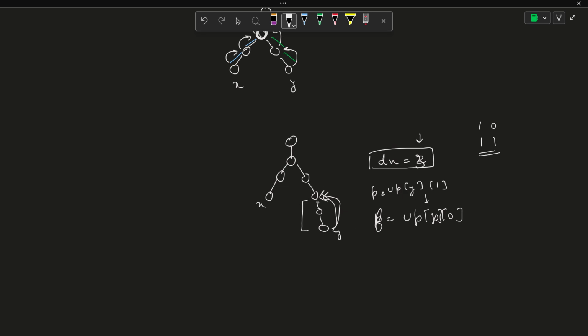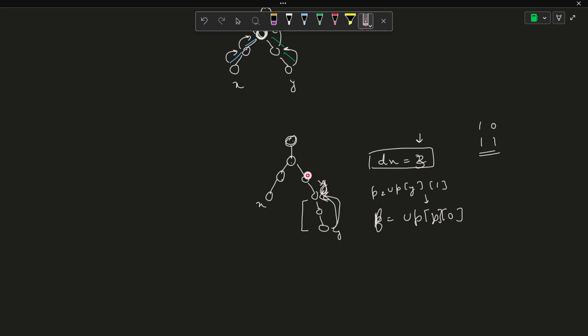Once both x and y are at the same level, we are going to move x and y together upwards. Let's say 1, 2, 3. Since both x and y are at the same level, this particular node has a distance of 3 from both x and y. If I move it 3 upwards, then I would have missed the lowest common ancestor.